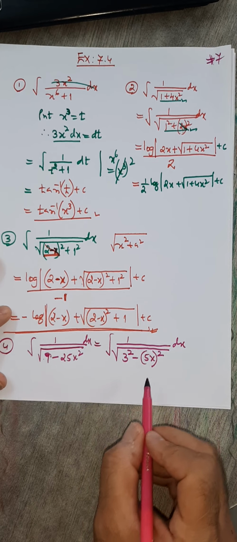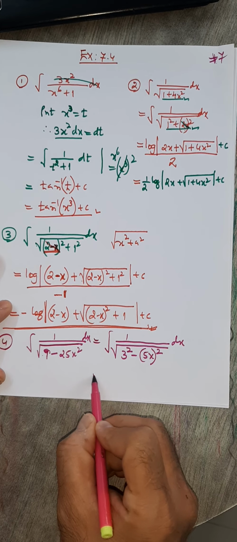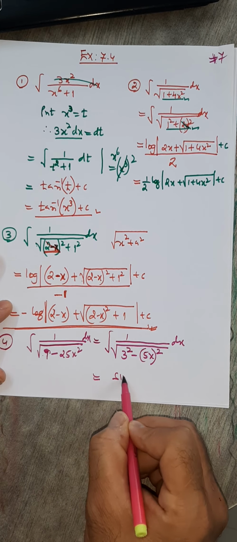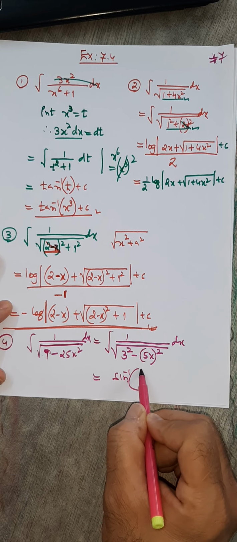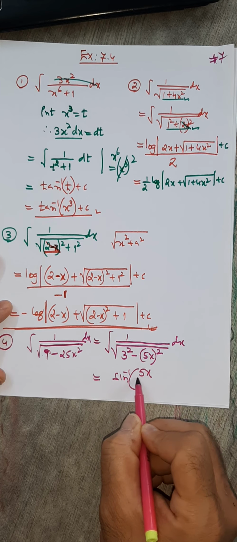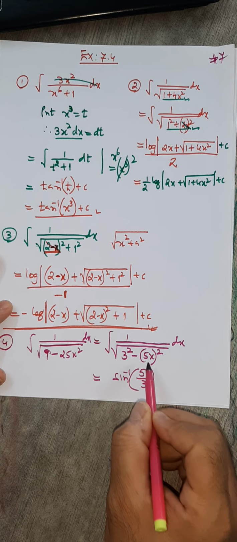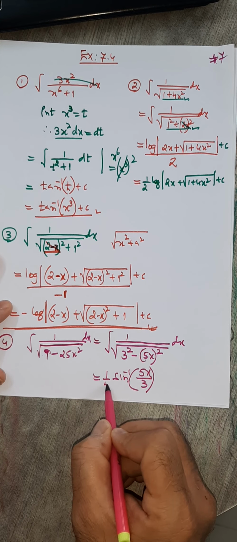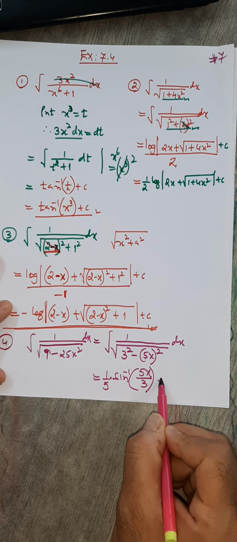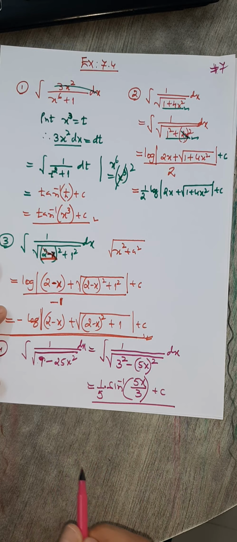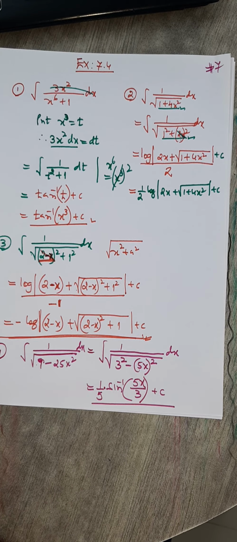So here your integral would be sine inverse of x, meaning 5x, by a, that is by 3, upon the coefficient of x, that is I will write 1 upon 5 in front of this, plus c, remember. Why did I write upon 5?